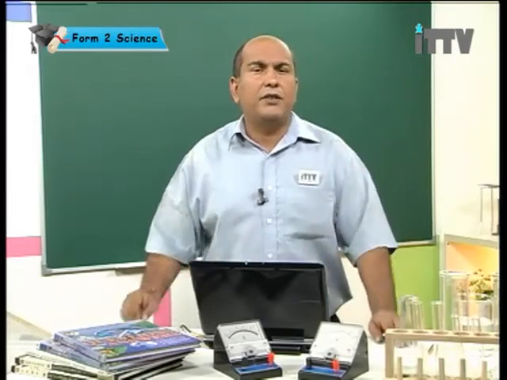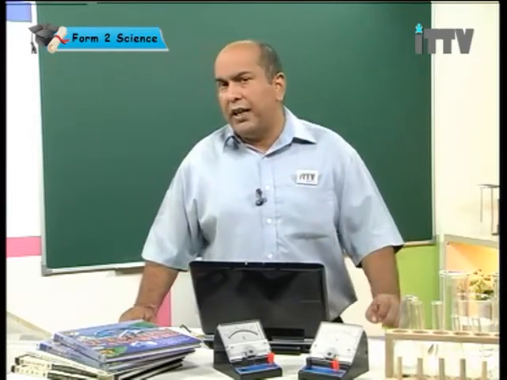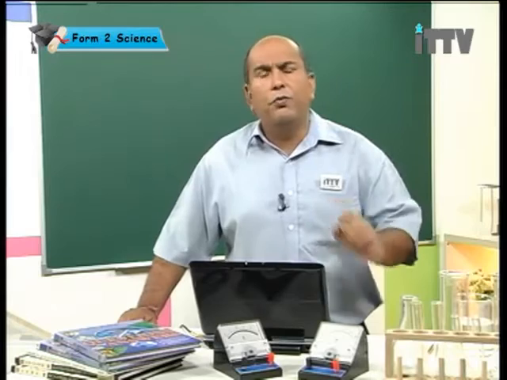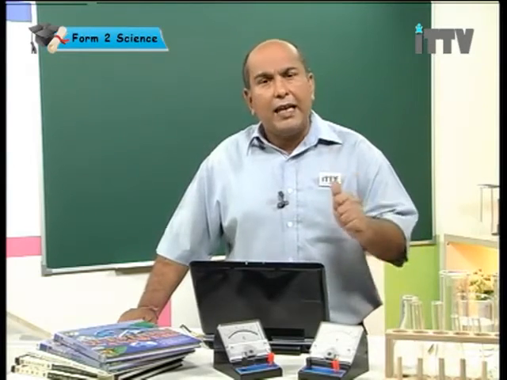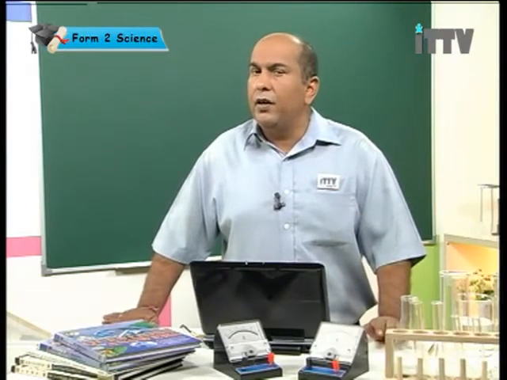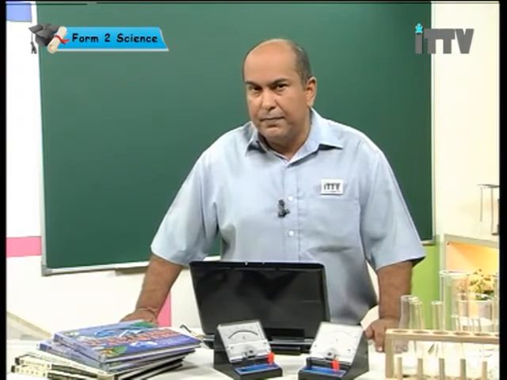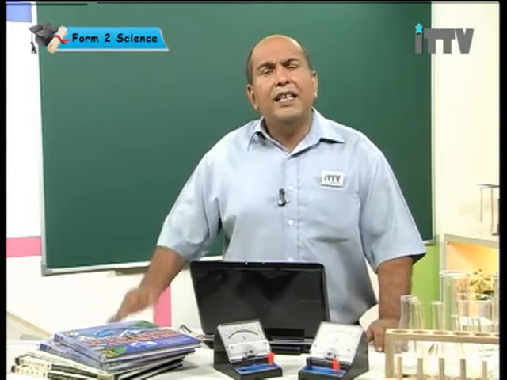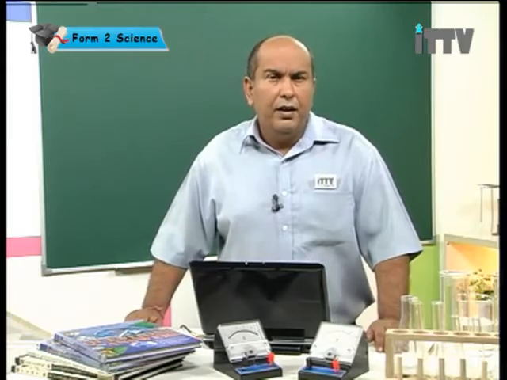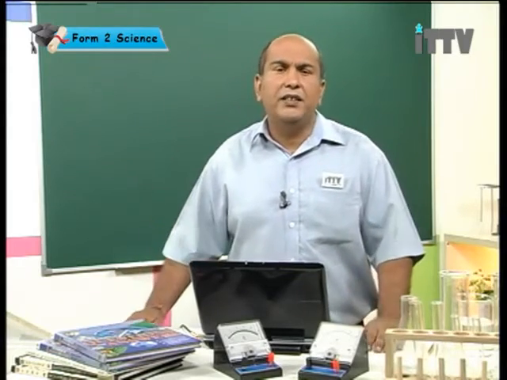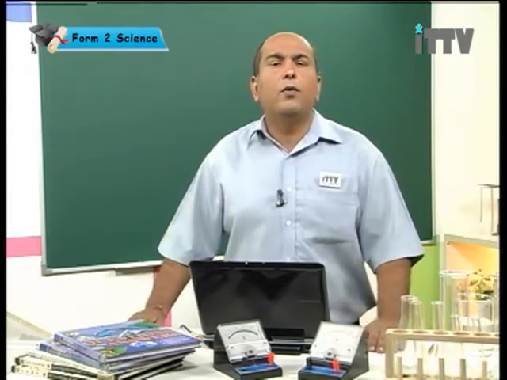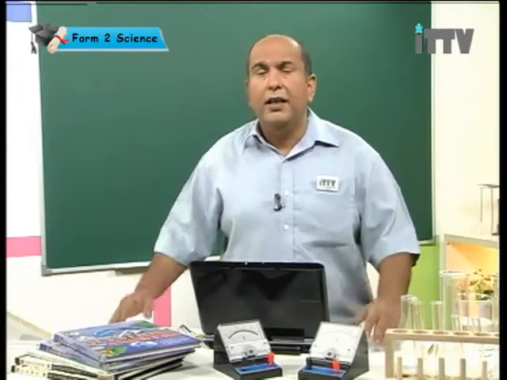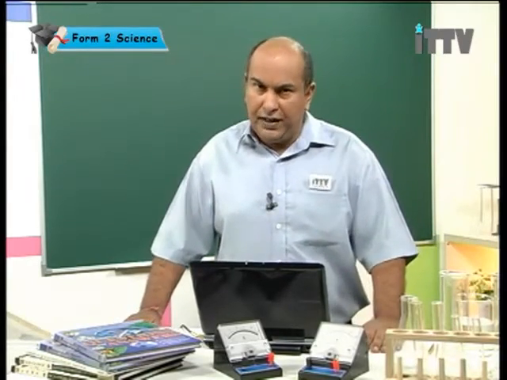Now, the main characteristics that we are looking for in the object so that it is a good reflector of light is that A, it needs to be with a very smooth surface. And secondly, it needs to be quite shiny. If you have a dull surface that is rough, although it is opaque, it is not a good reflector.